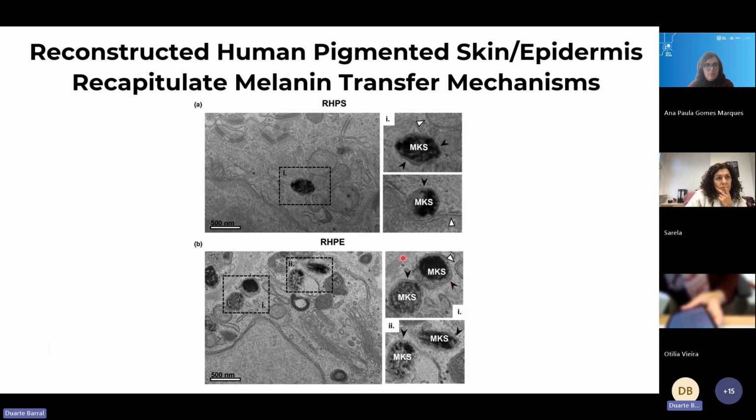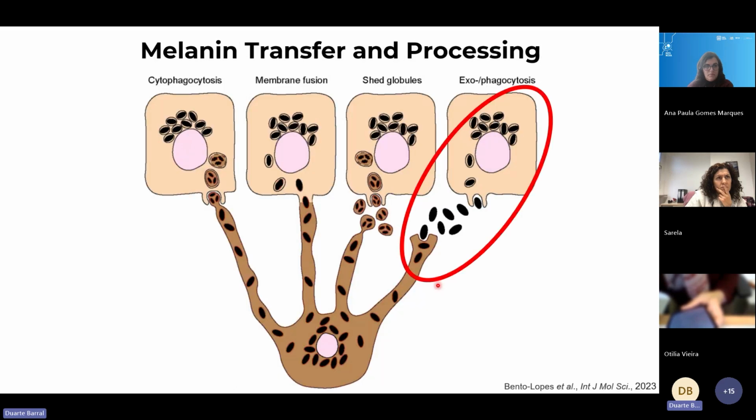They are surrounded by a single membrane, a single bilayer. And this supports the model, again, of exophagocytosis. So this model nicely recapitulates the steps of melanin transfer that we saw in human skin biopsies, and also validates the model, because we can find exactly the same route of transfer as we find in human skin.